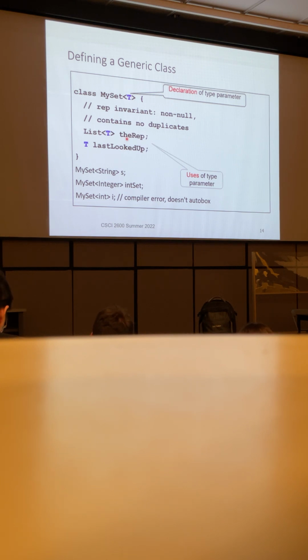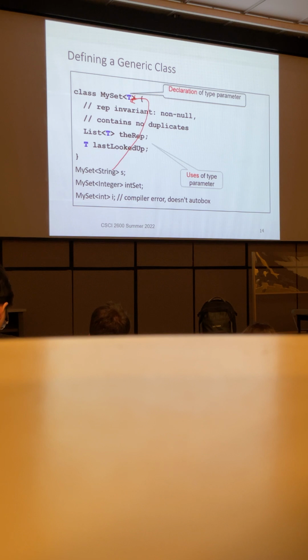But whenever someone uses our mySet with a specific type, this is called instantiation. So here, our client instantiates mySet with a type argument of string. So what happens? This string is going to basically replace all T's in the definition. Right?